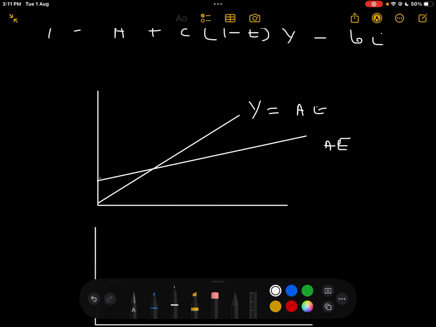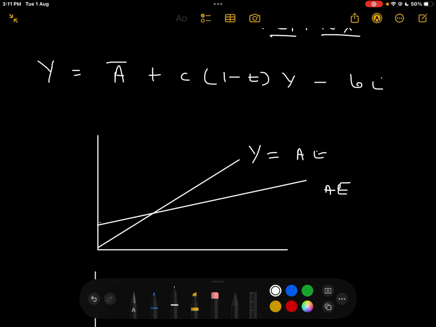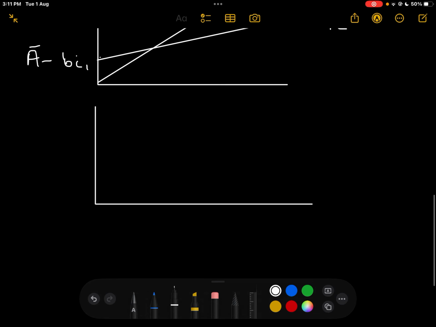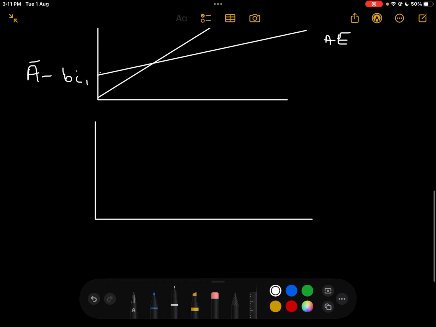Aggregate expenditure 1. See, now in our aggregate expenditure, if Y is 0, this intercept will be A bar minus bi1. We take I1 here. We consider that on this curve we take a particular rate of interest, and we mark it with blue here.